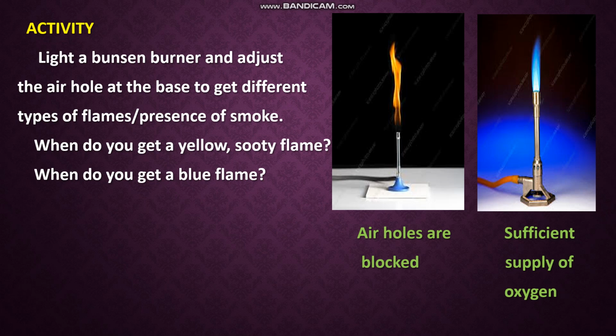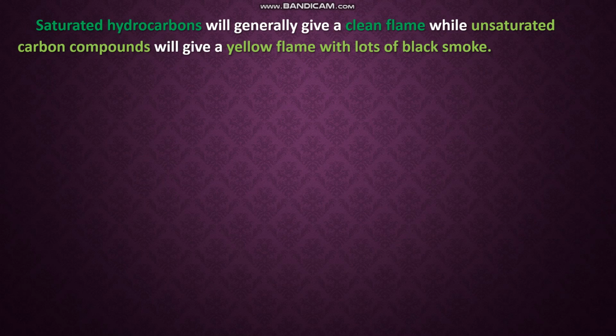So we have seen now, in short, that when the carbon compound is a saturated one, it undergoes complete combustion and gives a blue, non-sooty flame. When the carbon compound is an unsaturated one, it undergoes incomplete combustion and gives a yellow sooty flame. One more point: even if the carbon compound is saturated, if a sufficient amount of oxygen is not available, it undergoes incomplete combustion and gives a yellow sooty flame.